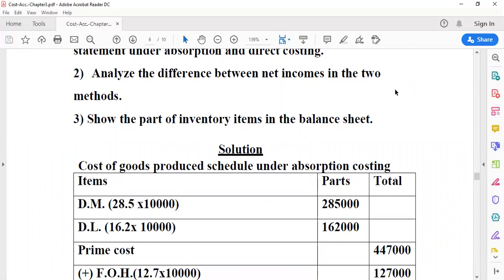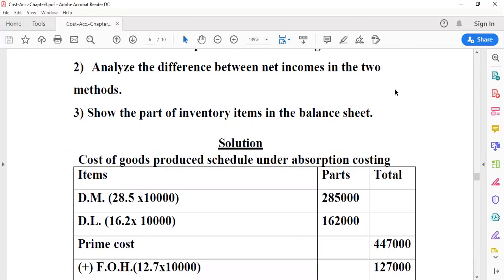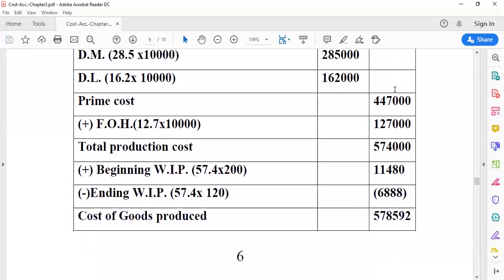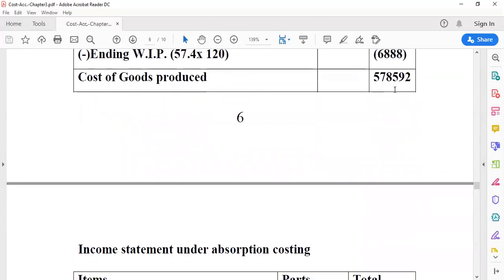Here there's a difference between the two net incomes. When you calculate your costs according to the direct costing theory and according to the full absorption theory, you will note that there is a difference between the net income. Why does this difference happen?